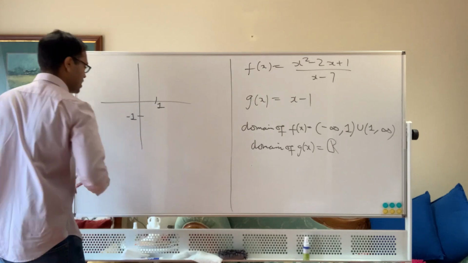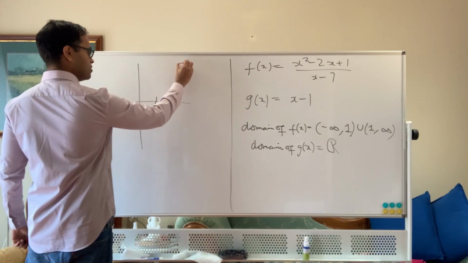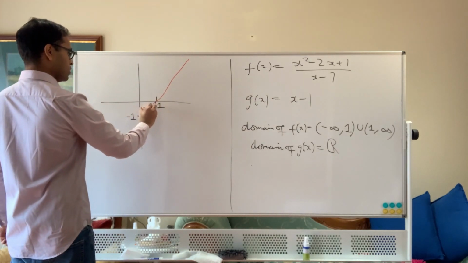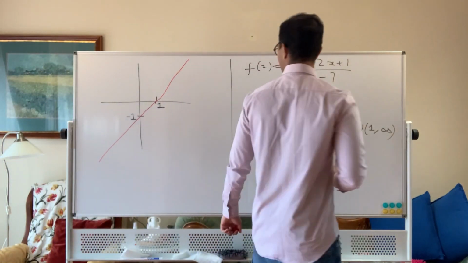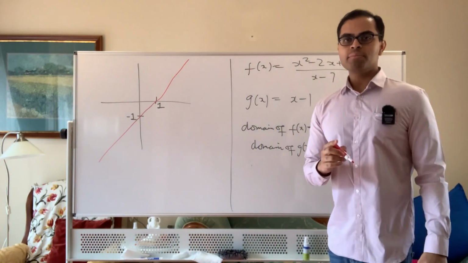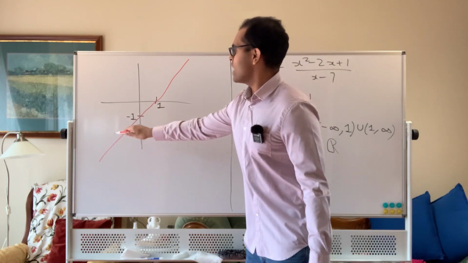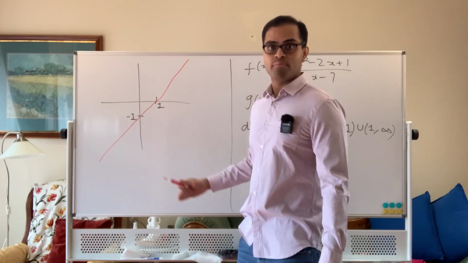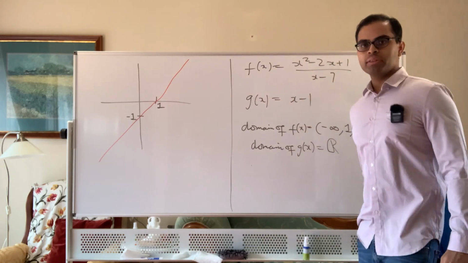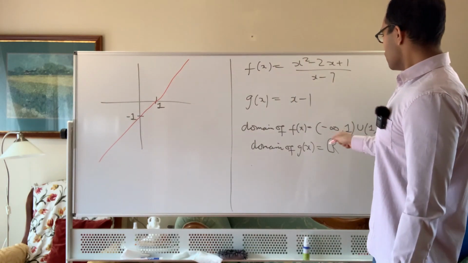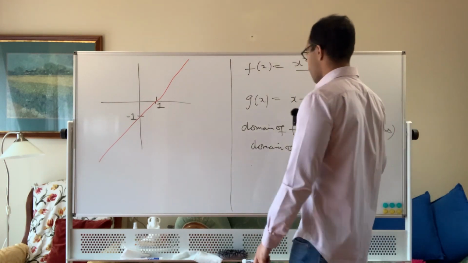Now you can just draw the graph of g of x. It's going to equal this. This is the graph of g of x so far. It's x minus 1. Another way of looking at it is you take the line y equals x and just translate it down by 1, because all the y values are decreasing by 1. It's always good to think about things in different ways. But then of course you know that f of x does not have 1 in the domain.